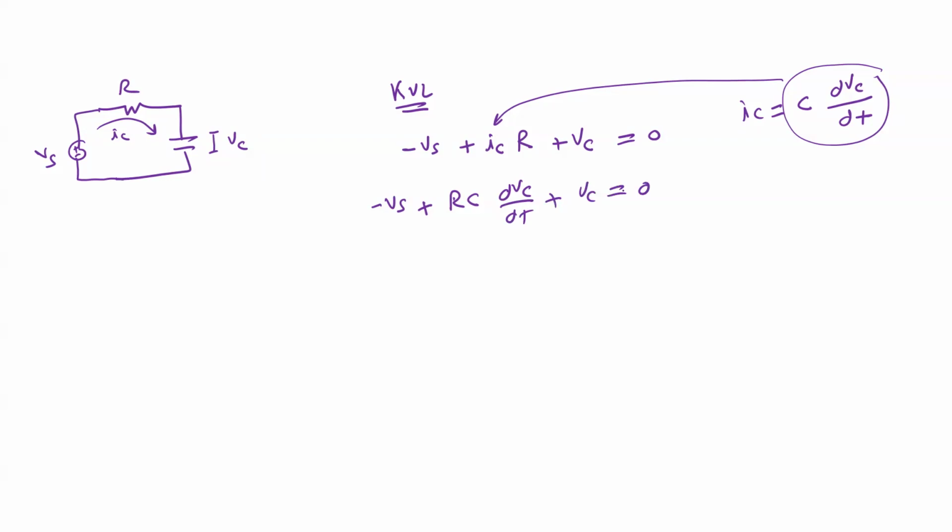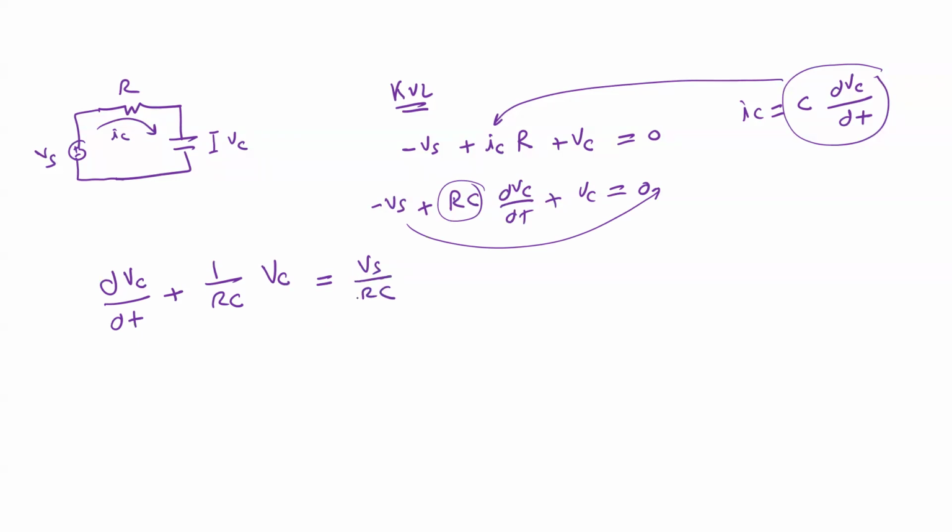Then I'm going to rearrange this equation, dividing by RC. It becomes dVC by dt plus 1 over RC times VC equal to VS divided by RC. Is that okay?